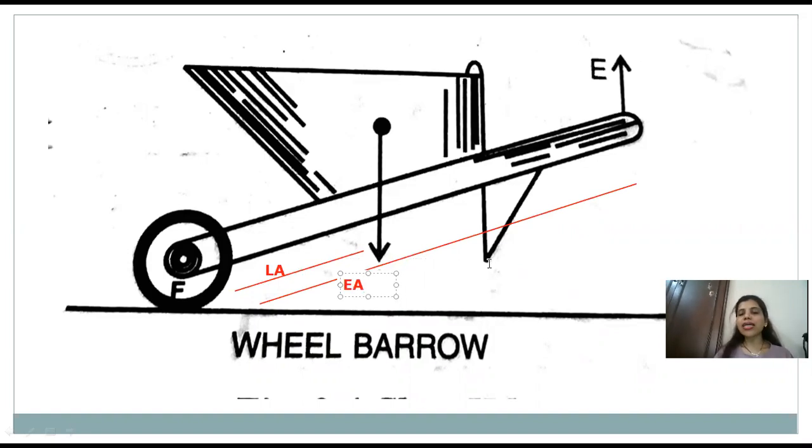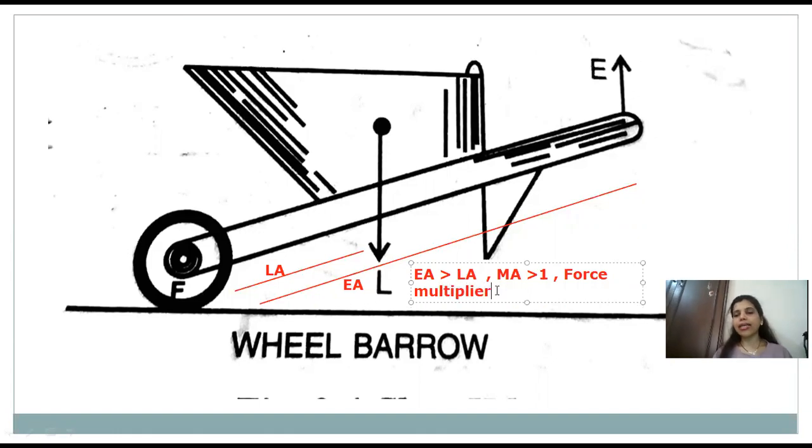So now you can see as effort arm is greater than load arm, here also you will say that MA is going to be greater than 1, and when MA is greater than 1, then it is acting like a force multiplier. So force multiplier.